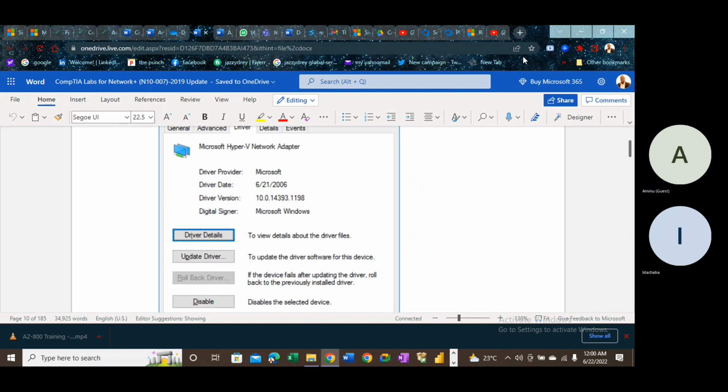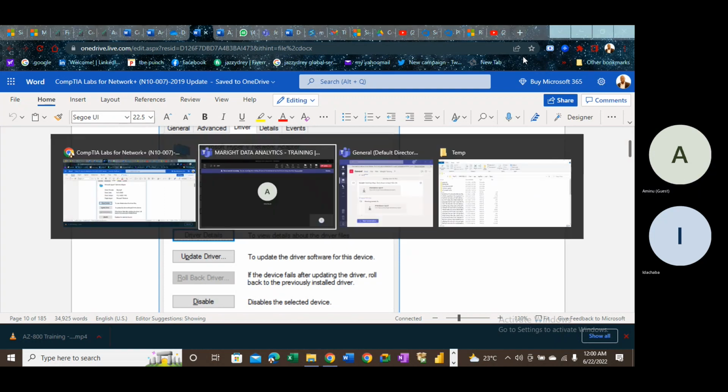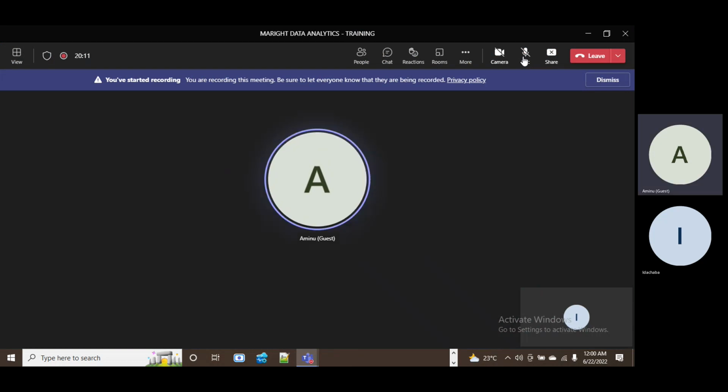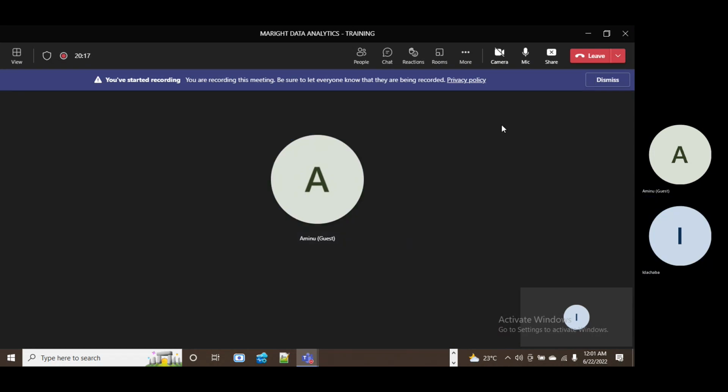We touched a little bit on virtual machines.